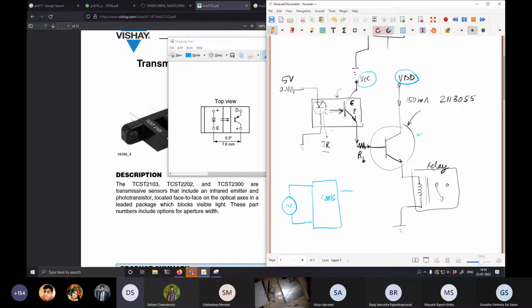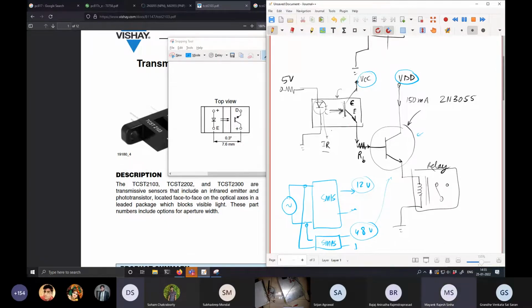This SMPS will give you a 12 volt ground, but at the same time, it will parallelly go into another SMPS, which will give you 48 volts ground. So this 48 volts ground is for the motors and relays, while this 12 volt ground is for microcontrollers, power, and all this optocoupler business. You get the point, right?